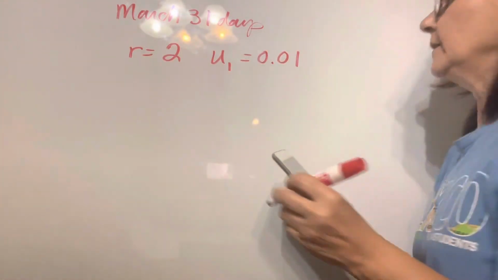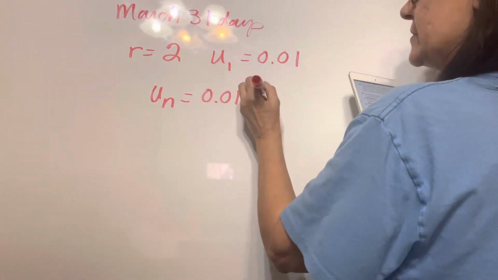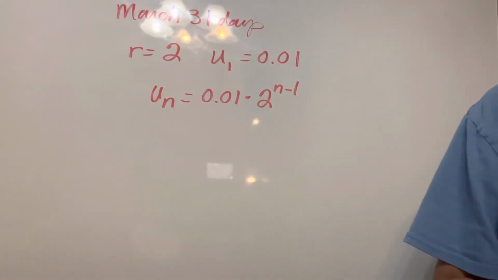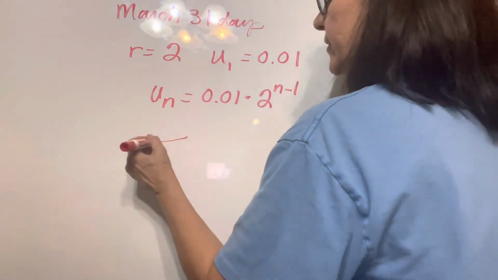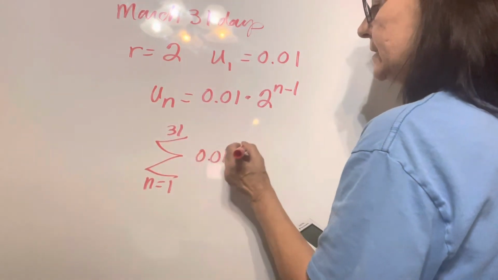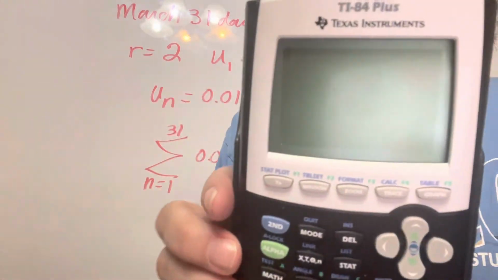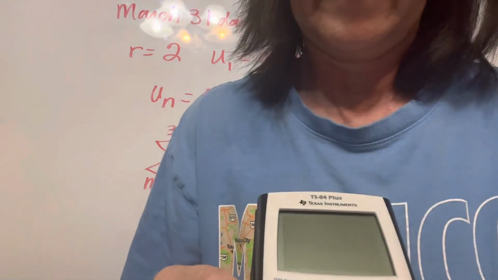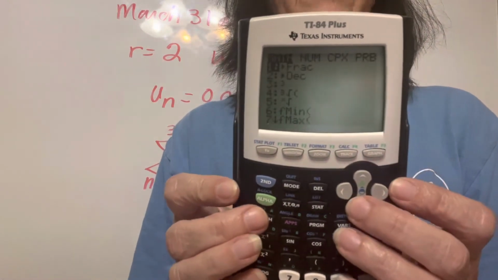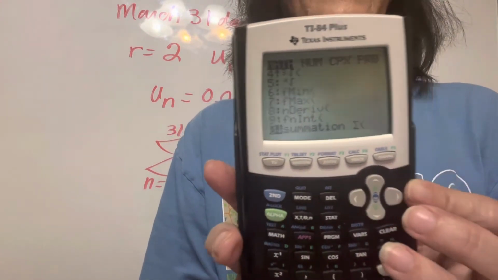Remember, u sub n equals the first term times the rate to the n minus 1. So I'm going to do the sum, n equals 1 to 31, of 0.01 times 2 to the n minus 1 in my calculator. I'm going to go to math and go down to summation and hit enter.